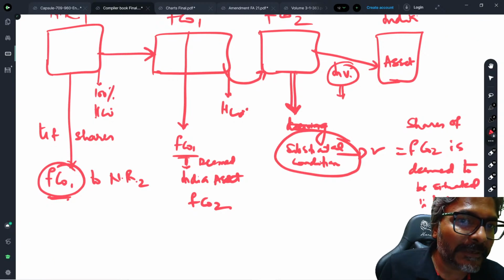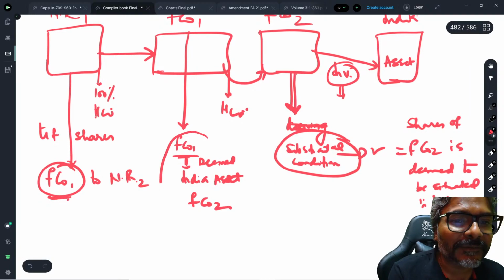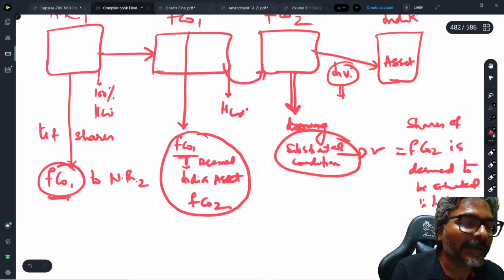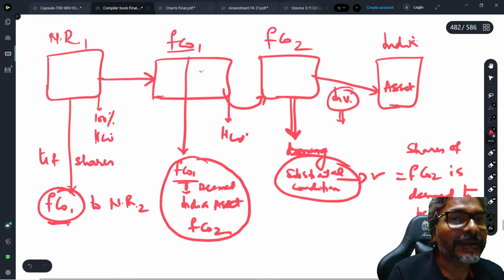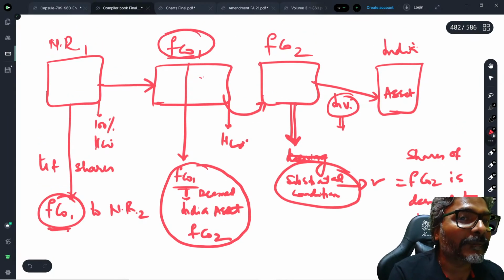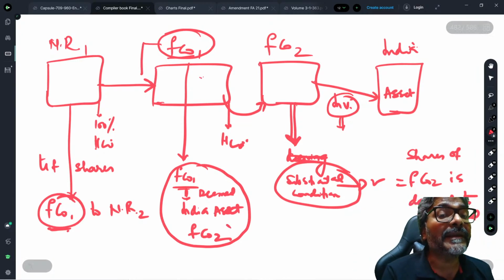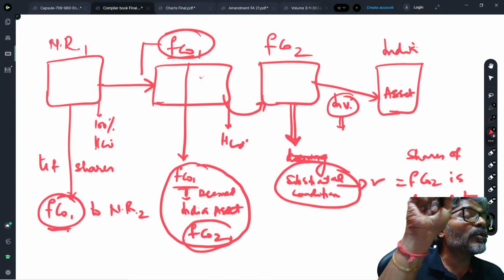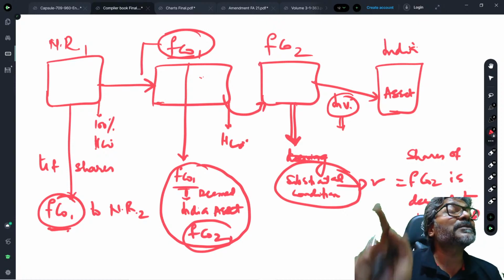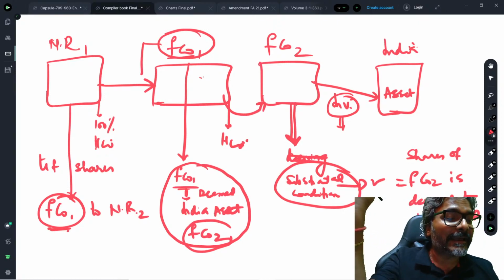Thereafter, you have to see whether the shares of FCO 1 derive their value substantially from the deemed Indian asset, which is FCO 2.